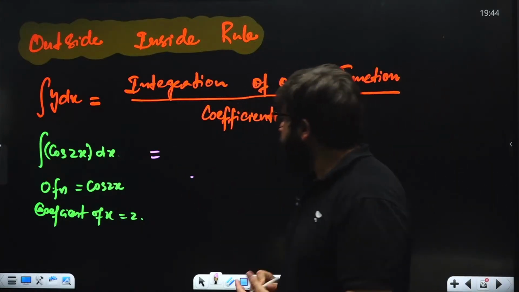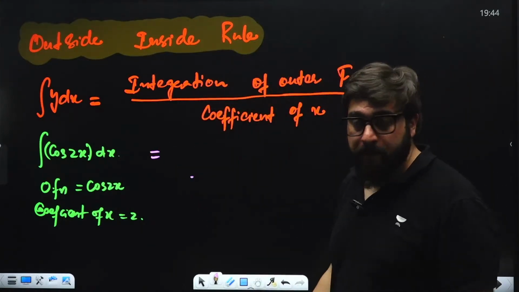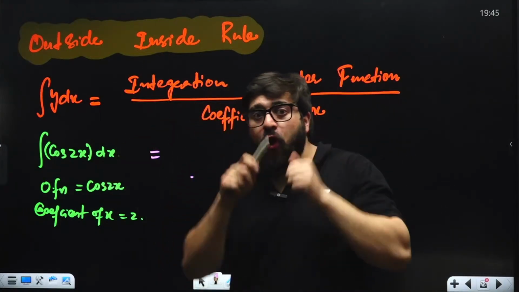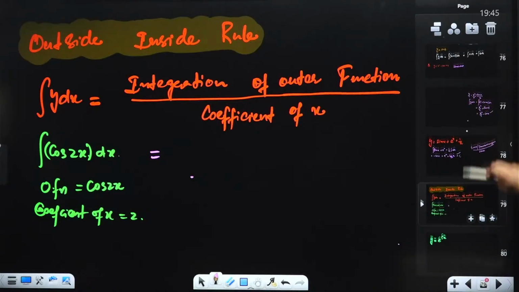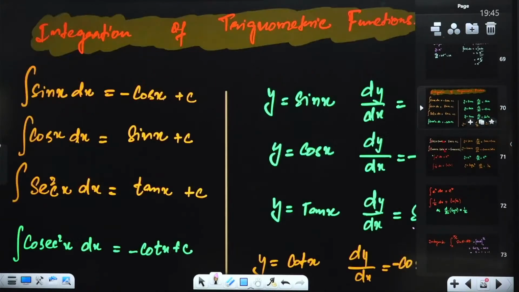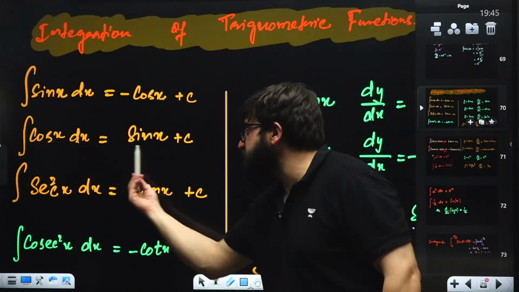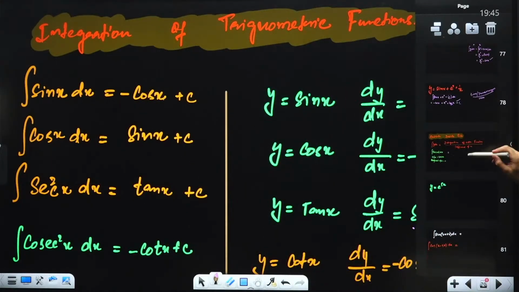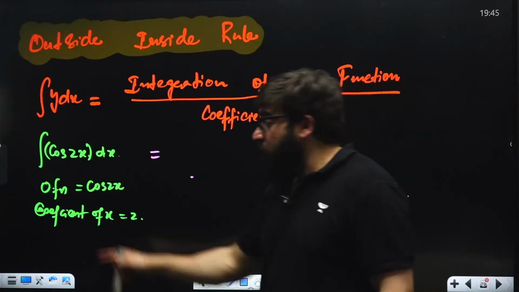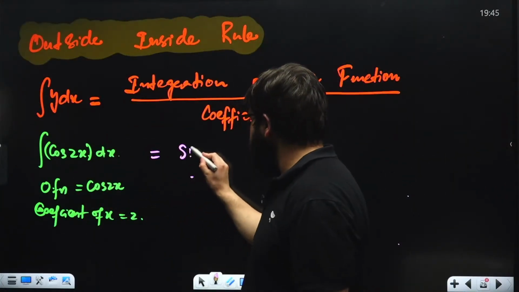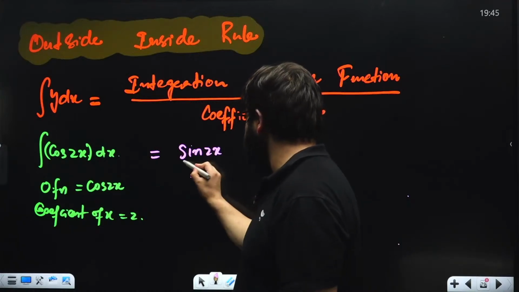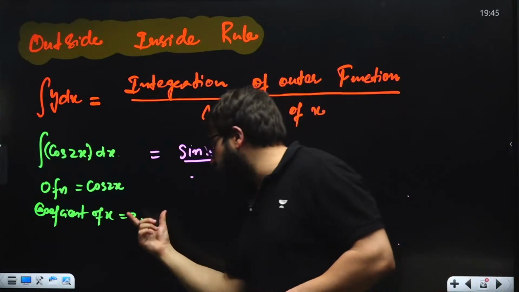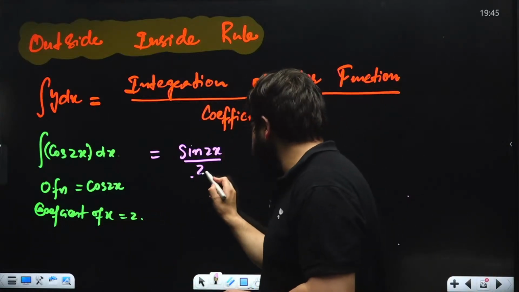I can write the integration of the outer function. So the outer function is cos of 2x. What is the integration of cos x? Let's go over here in the table. Integration of cos x is sine of x. So I'll write over here, for cos 2x, it is sine of 2x divided by the coefficient of x. The coefficient of x is 2. So I said divided by 2.